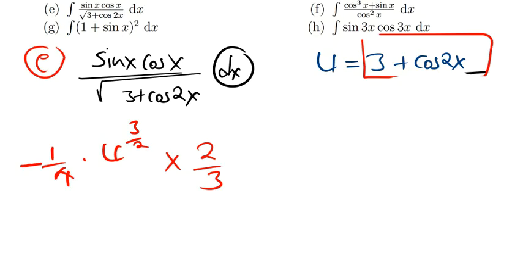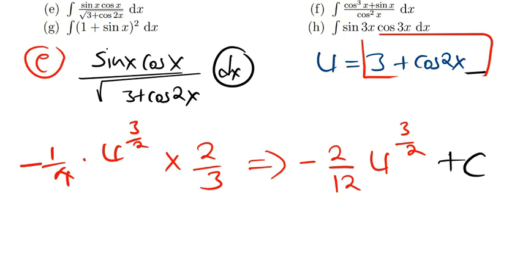So we have negative 2 over 12 when we multiply 4 and 3, and then u to the power 3 over 2 plus constant c. So the 2 can divide there, so that you have negative 1 over 6 u to the power 3 over 2.